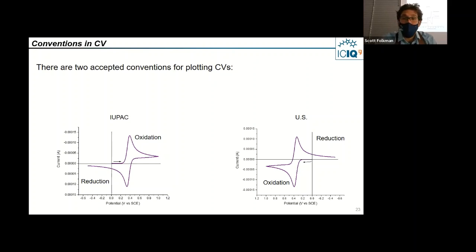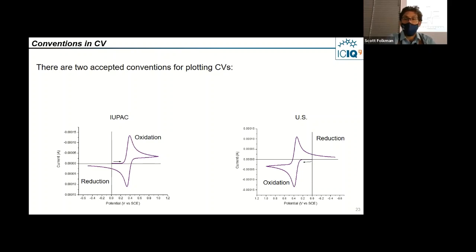There's historical reasons for this, basically because the first electrochemists were using mercury electrodes, and they couldn't study many oxidative reactions because when they did oxidative reactions, the background flow from oxidation of mercury was higher than any other redox species.